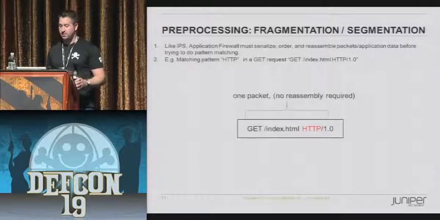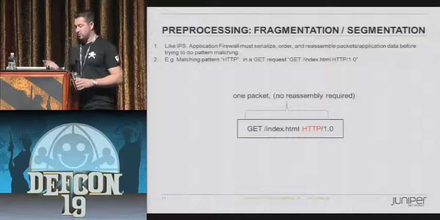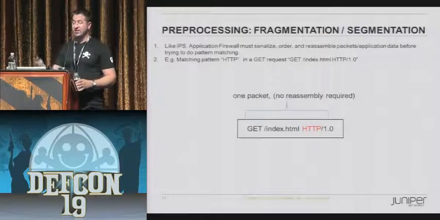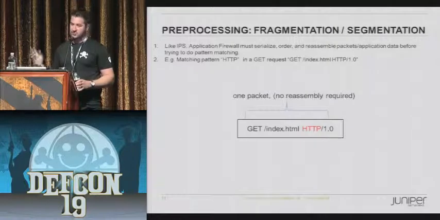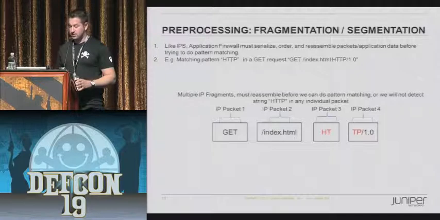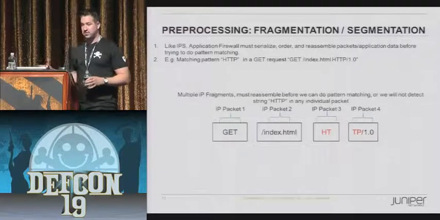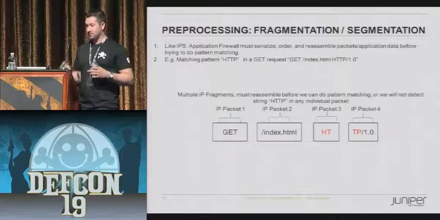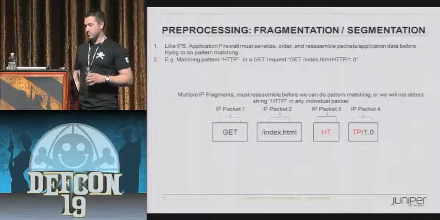And here's an example. In the case of fragmentation, if you were looking for, let's say, GET and HTTP as the pattern for the application, if it was just in a single packet, that could be fine. But if you did any kind of fragmentation, and it was looking for the pattern of GET and HTTP in an individual packet and it didn't reassemble it, then you'd be able to pass this right through.